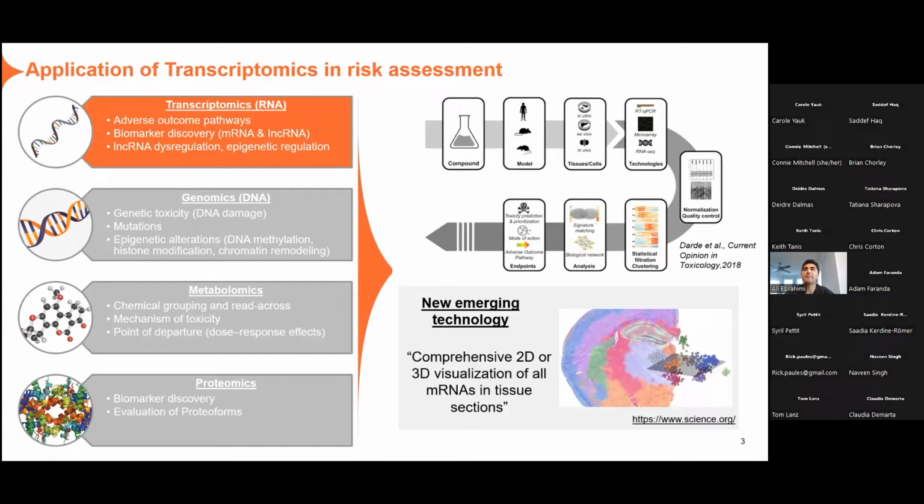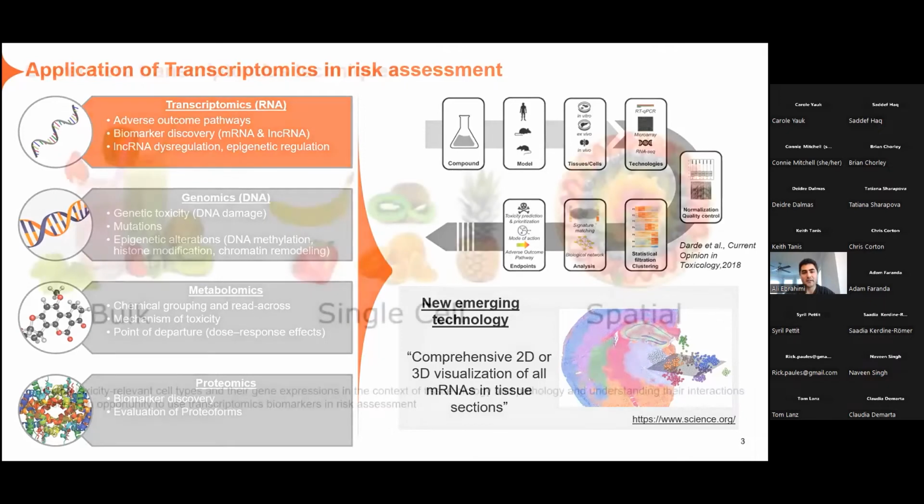One way to address this challenge is to use novel technologies that are becoming available in the field of transcriptomics, in order to understand the mode of action of the toxicities, and also go to a really detailed understanding of the biology of the system, so that we build enough confidence so it can be easier to translate this knowledge from the molecular perspective to decision making at different levels.